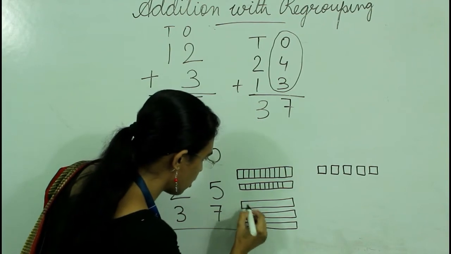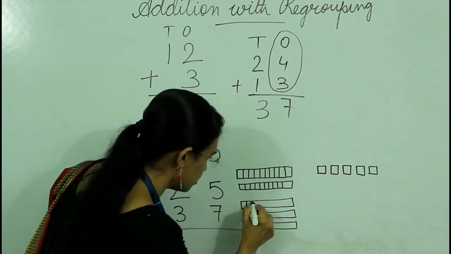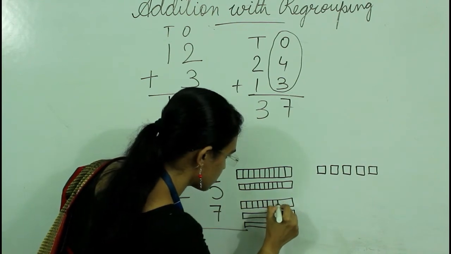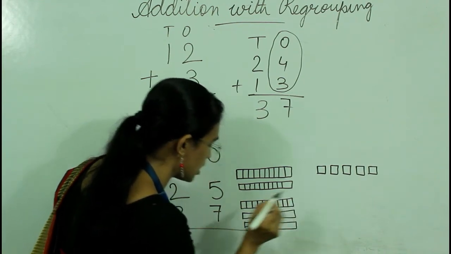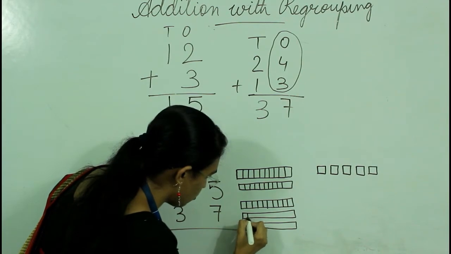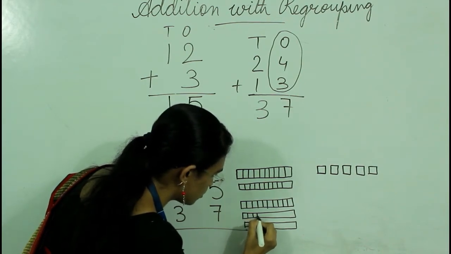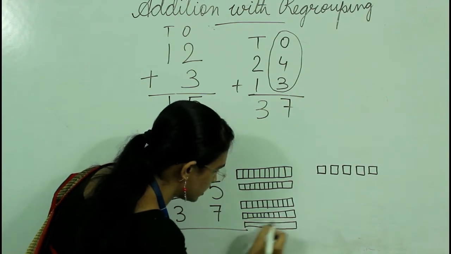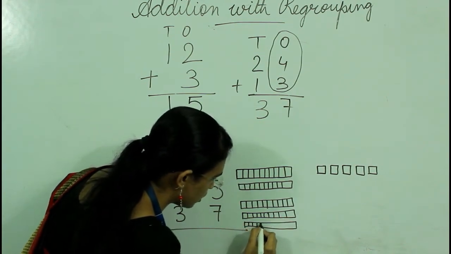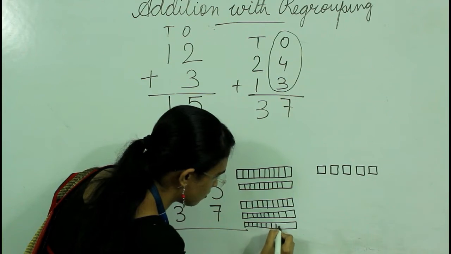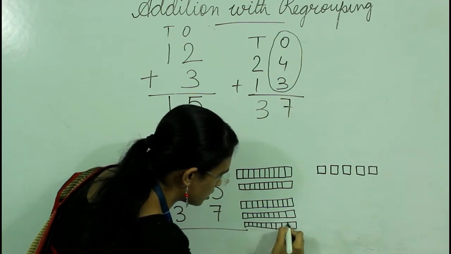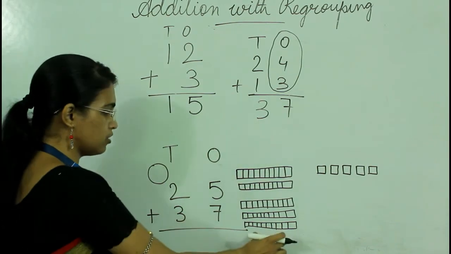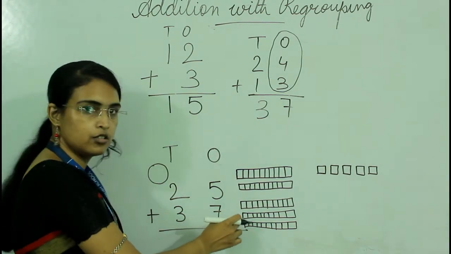And each group has how many blocks? 1, 2, 3, 4, 5, 6, 7, 8, 9, 10 blocks. So here we have drawn 3 tens. 1, 2, 3. 3 tens.